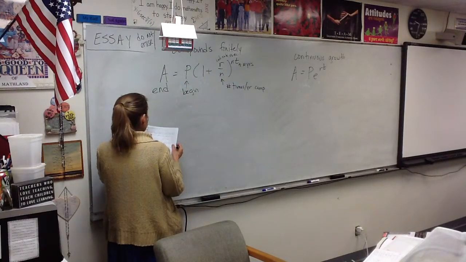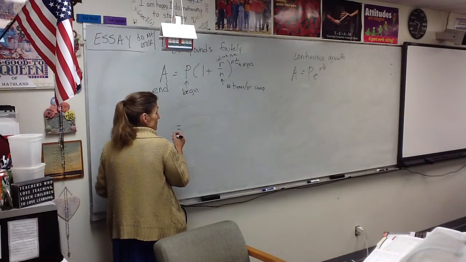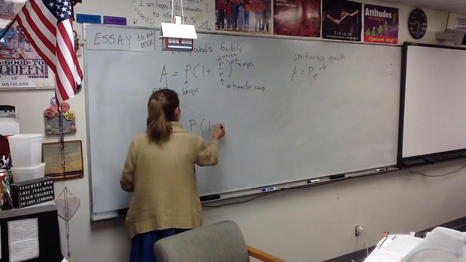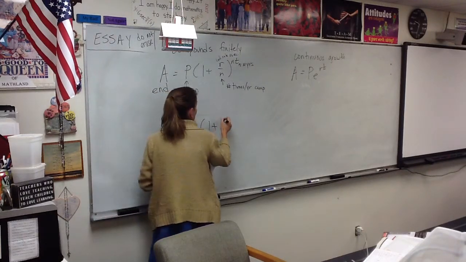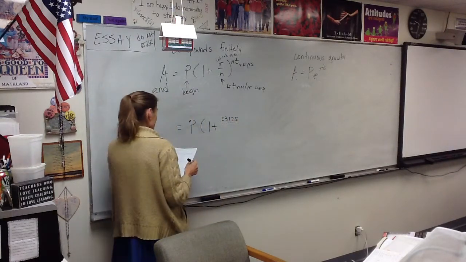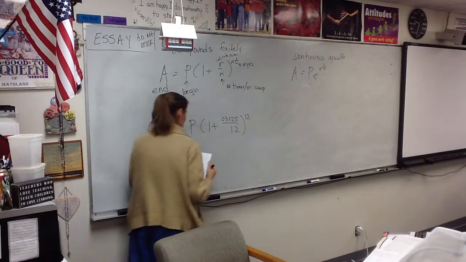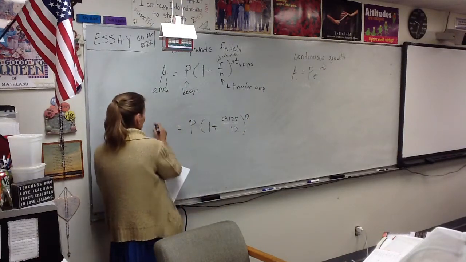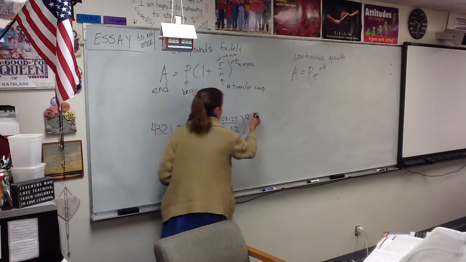So let's plug in what we know. How much would you initially have to invest? So what am I solving for? P. At 3.125, so 0.03125, annual interest compounded monthly, to end up with 4321 after 10 years.